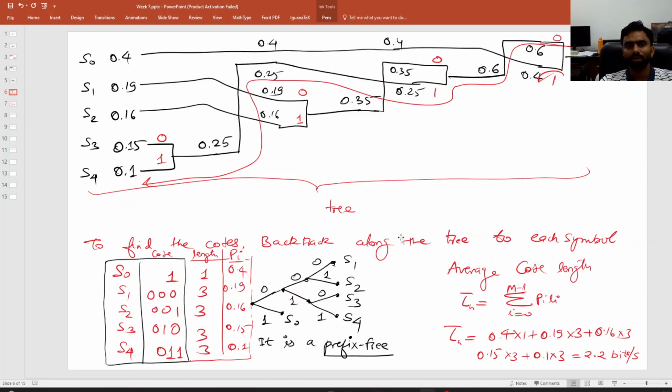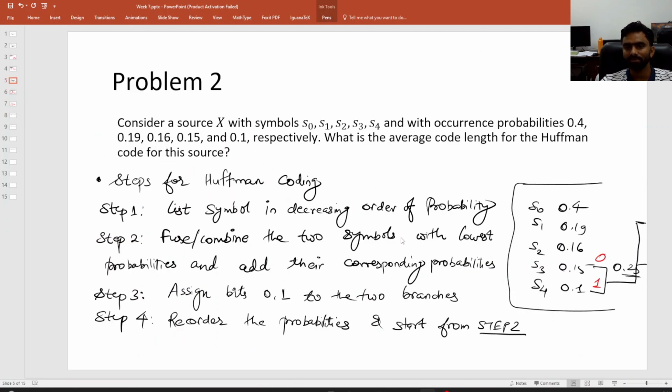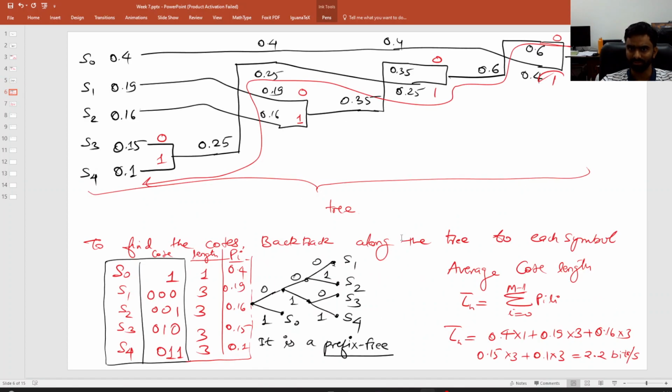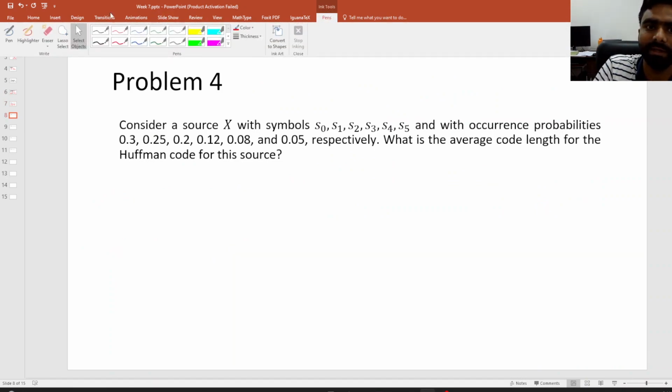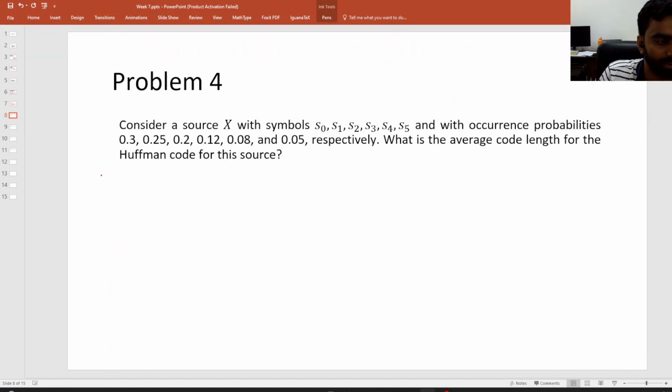Already I have told the steps. What are the steps? List the symbols in decreasing order, combine the two symbols with the lowest probabilities, add their corresponding probabilities, assign bits 0 and 1 to the lowest branch, then reorder the probabilities. Now I will directly write, I will not go through the steps.